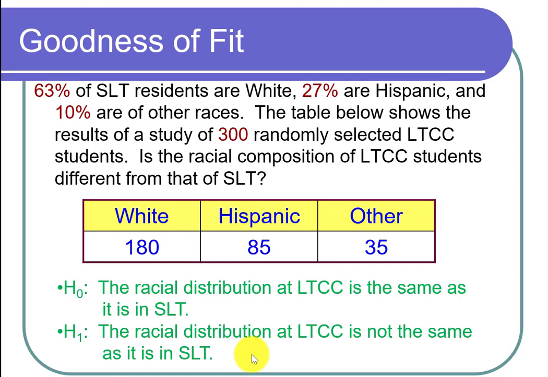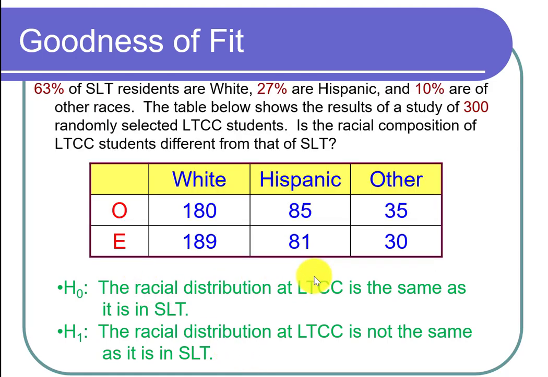So what we need to do is find the expected counts. And here's what we do. We know that we surveyed 300 people. If Lake Tahoe Community College was the same as South Lake Tahoe in terms of distribution, then 63% of those 300 should be white. 63% of 300 is 189.